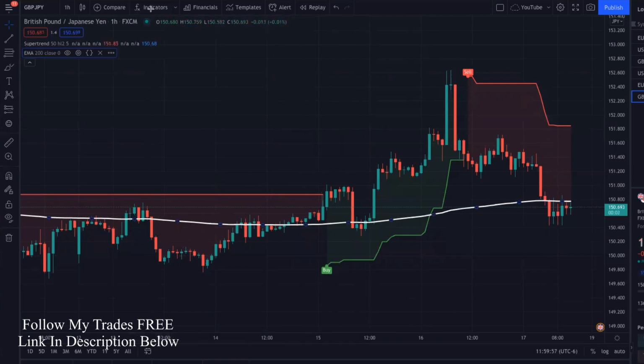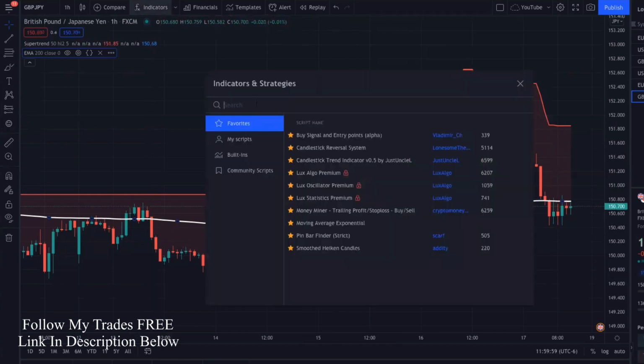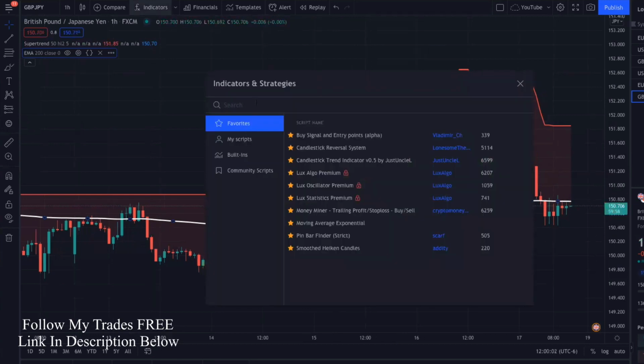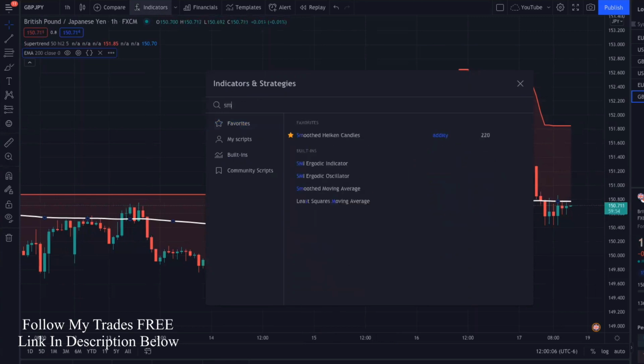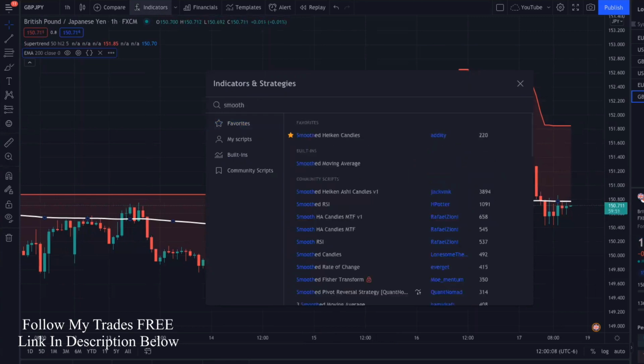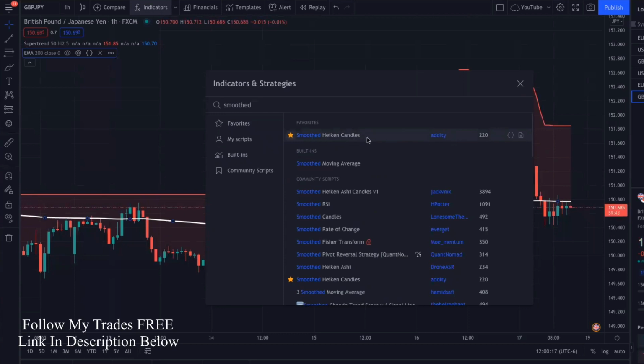The last indicator we're going to add is going to be the smoothed Heiken candles. Okay, I've talked about Heiken candles in a lot of my other videos. We're going to use this one, the smoothed Heiken candles made by ADDITY. All right.